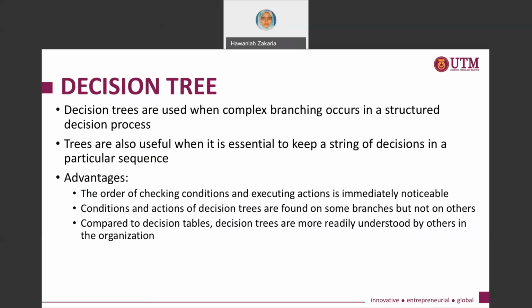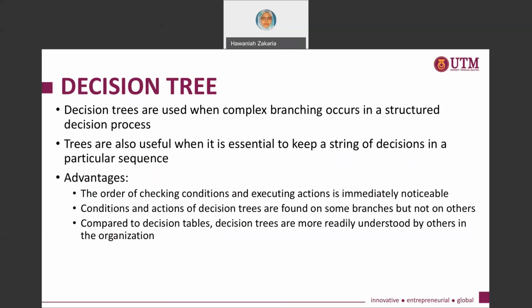You use a decision tree when you have a complex branching. Another important point is that it is very important for you to keep the string of decisions following a certain particular sequence.